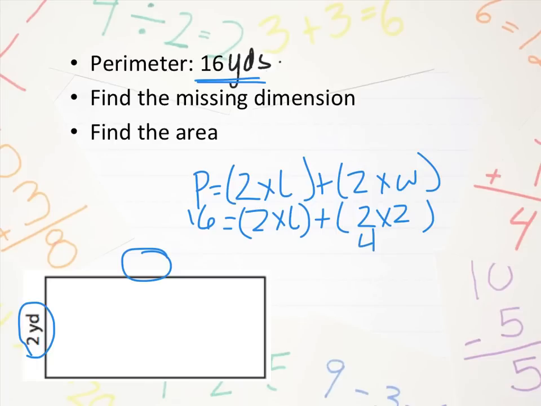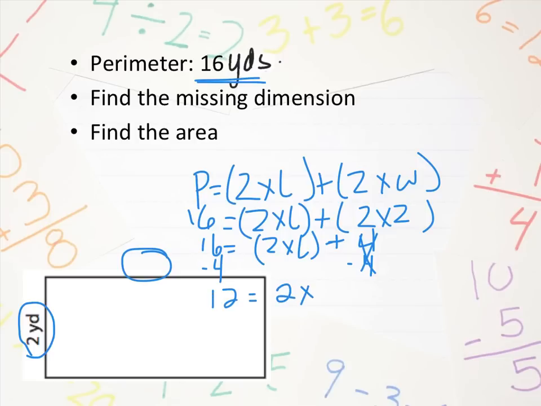So I know that 2 times 2 is 4. So 2 times the length plus 4 is going to be 16. Now I can get rid of that 4 by subtracting it from the 16. 16 minus 4 is 12.